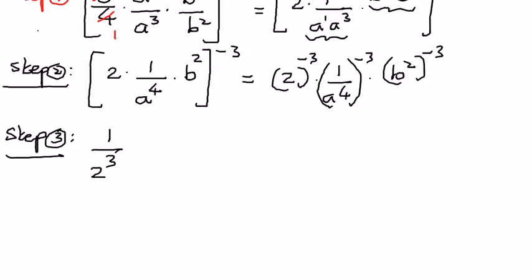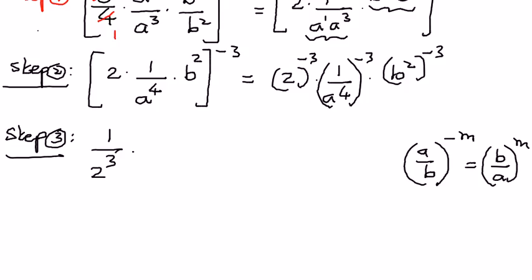And in here, this next term, if I have a over b, and if that is raised to the power of -m, this is the same as saying b over a to the power of m. So therefore I'm going to just rewrite this one as follows.